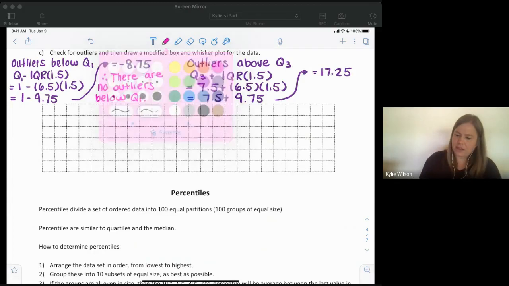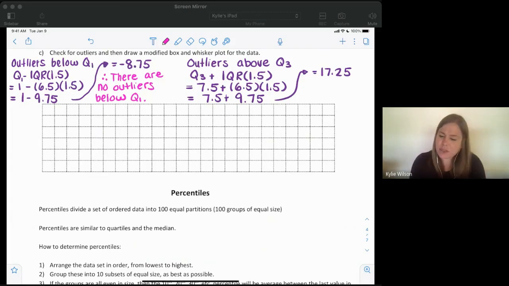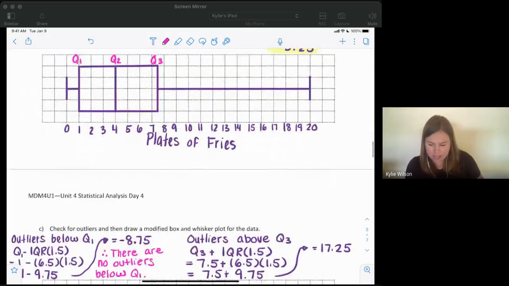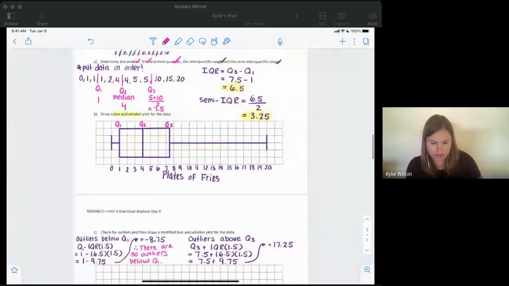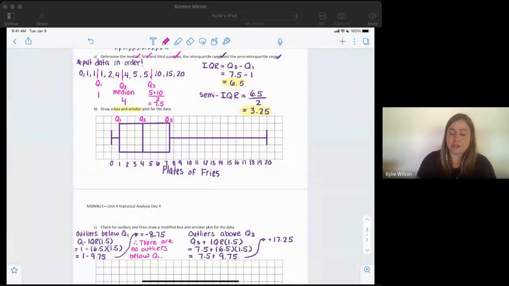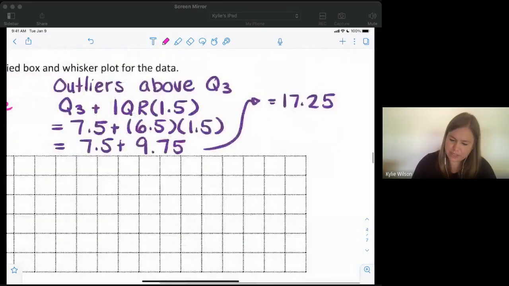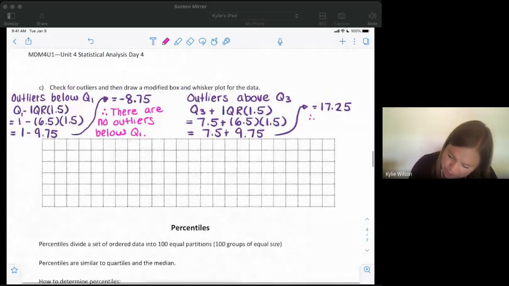So any number in our data set greater than 17.25 will be an outlier. 17.25 is the cutoff. So I look at my data set, any values bigger than 17.25, and there is. 20 is an outlier. So I can say, therefore, 20 is an outlier.